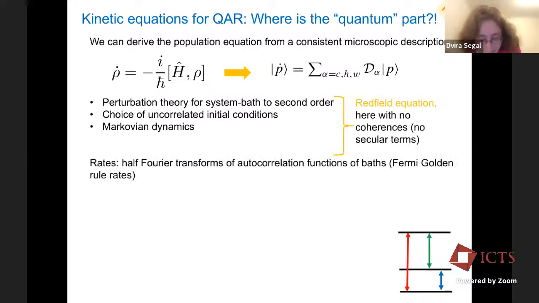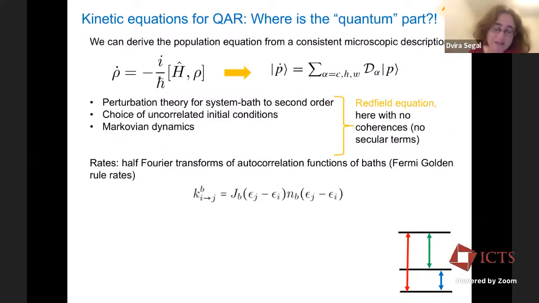And so where is the quantum? Where are the quantum effects? Obviously the levels are discrete, but the effects are hidden in the rates. The rate constants that I mentioned above, a rate for transition, for excitation or relaxation, that's where the information is hidden about the macroscopic effects, whether it's the spectral function of the bath or the Bose-Einstein distribution function.